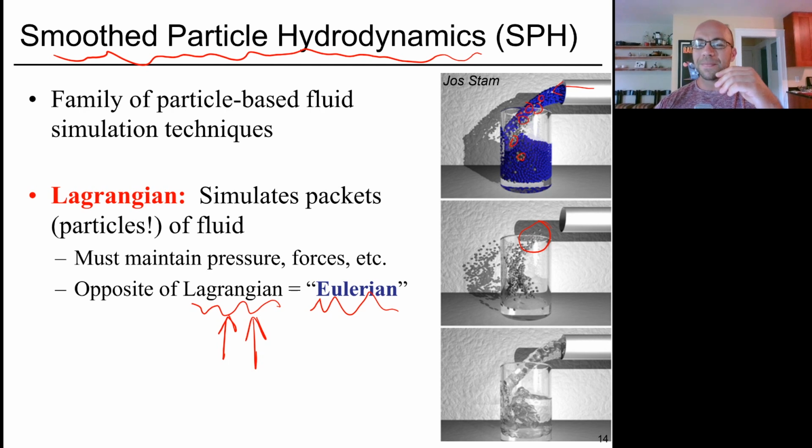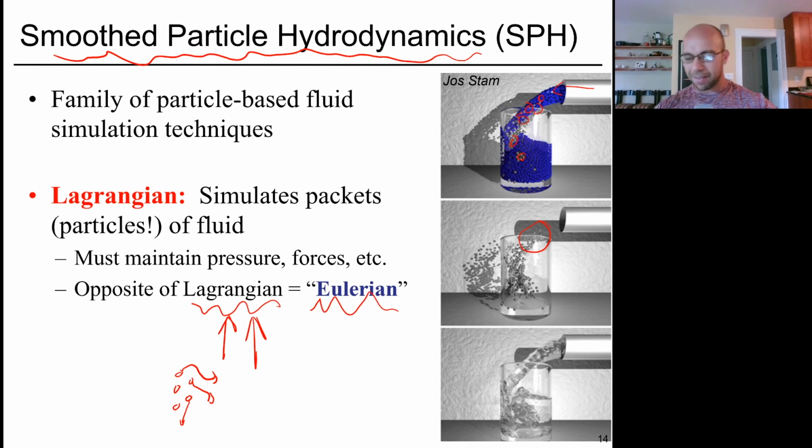One way would be to think of yourself as riding along inside of the water, following these little packets of fluid around. So in Lagrangian physics, you have these little particles that are interacting with one another, and what you're tracking as a function of time is where they go.